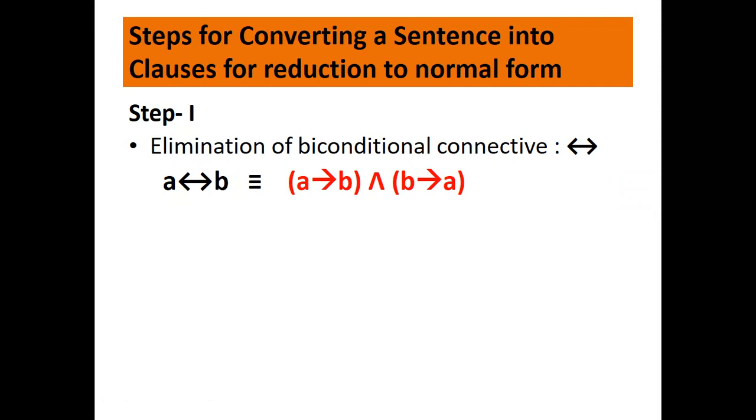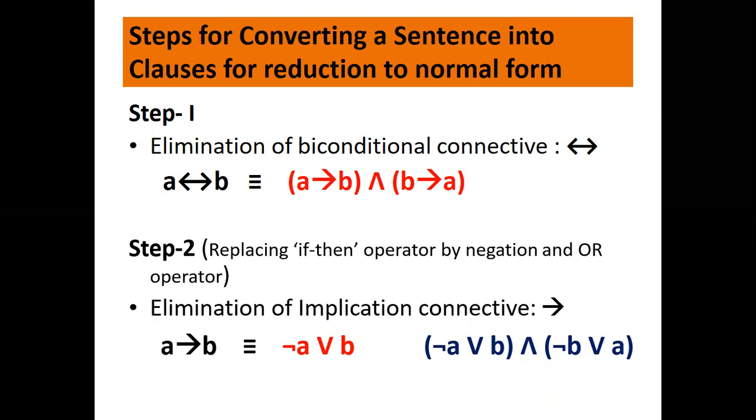Fine. The second step is replacing the if-then operator by negation and the or operator. If-then is nothing but implication, so it is elimination of the implication connective. How are we eliminating the implication connective? A implies B is equivalent to not A or B, right?